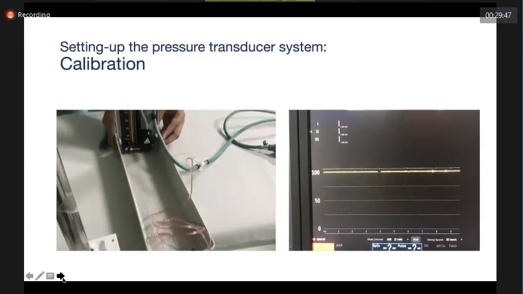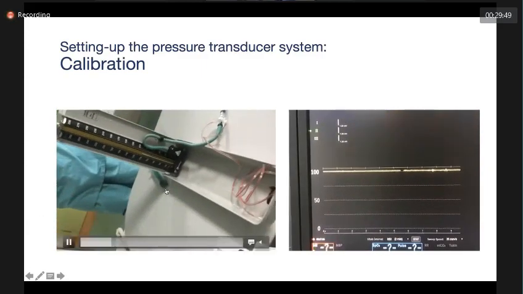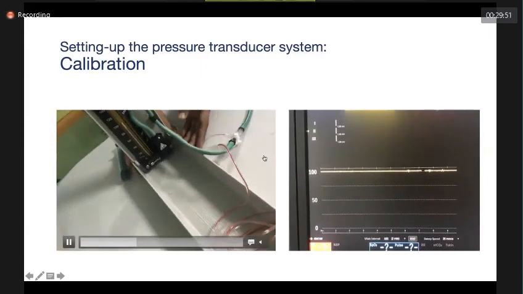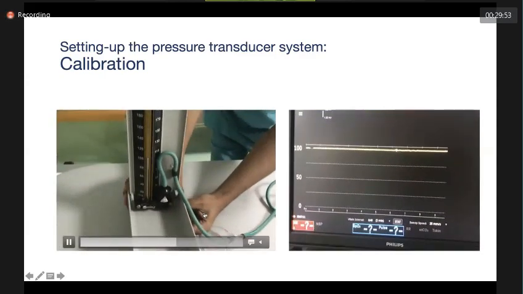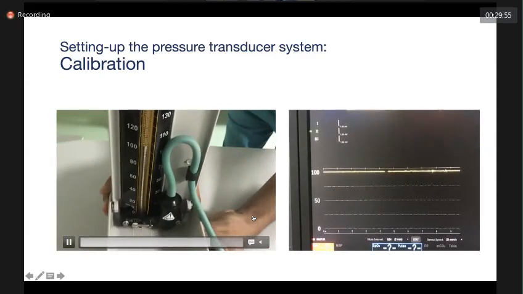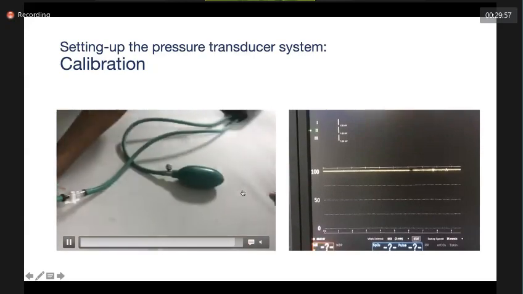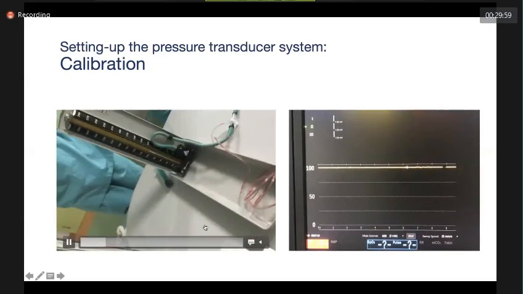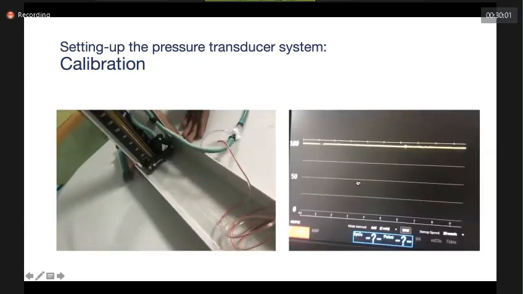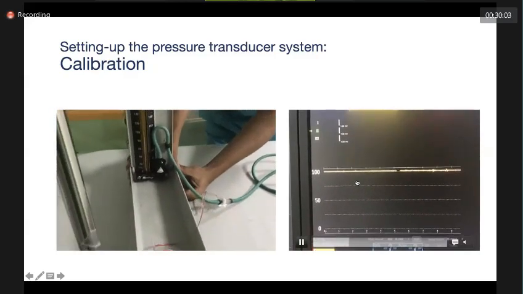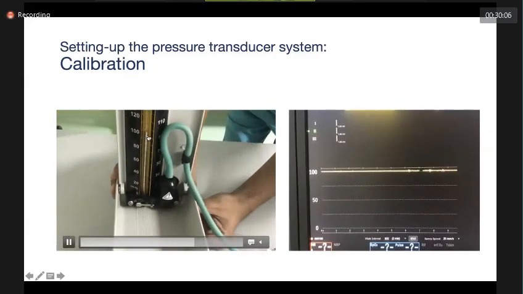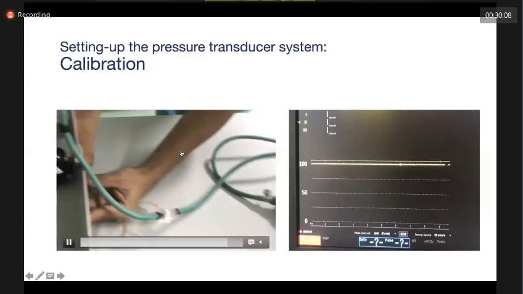It is absolutely wrong. What you can do is, you take a sphygmomanometer here, connect your sphygmomanometer with a three-way connection to your pressure wave monitor system and inflate to 100 millimeters of mercury.